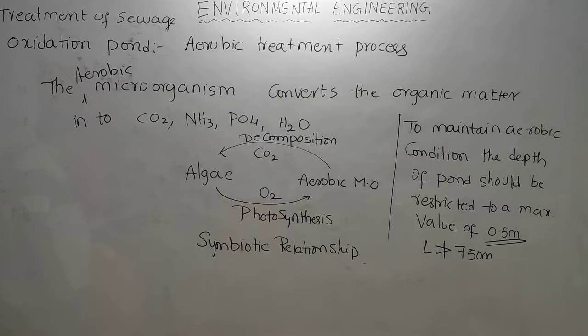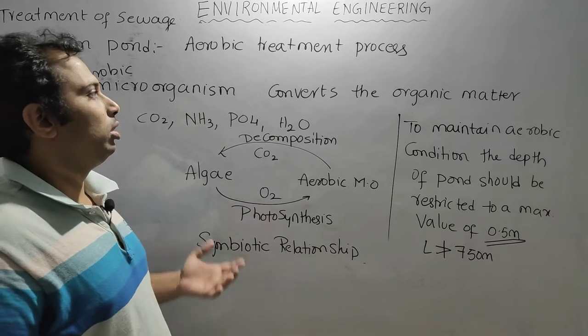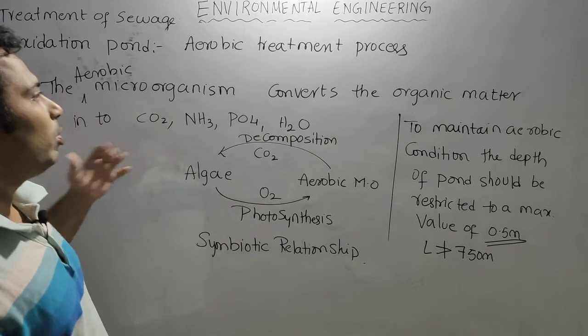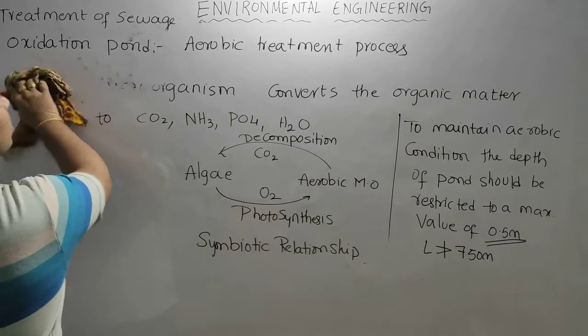Likewise, generally we design the oxidation pond. So what is the organic loading rate? How the organic loading rate is given in the code as per the latitudes, let us see that.